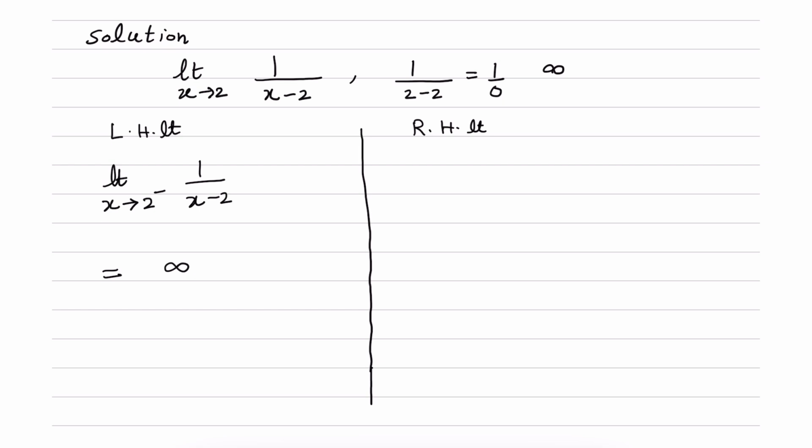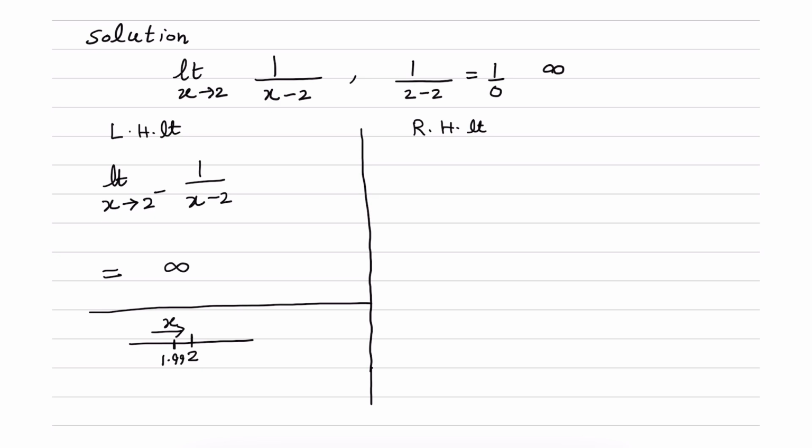For this, we will do the rough work. Since x is approaching to 2, first we will mark here 2, and x is approaching to 2 from the left of 2. So x is somewhere on the left of 2. Let's pick a number closer to 2 but on the left of 2. Let's say that number is 1.99.